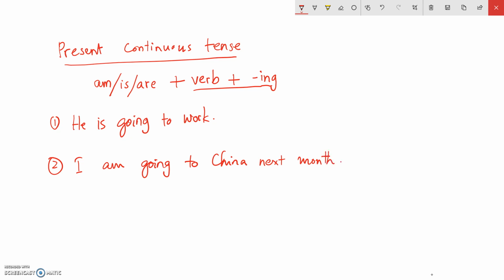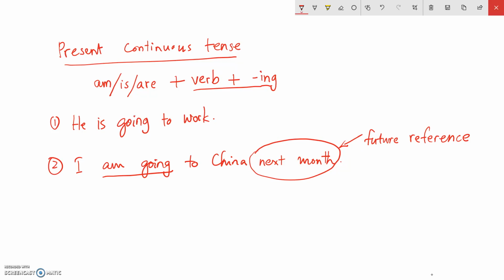I'm writing it in present continuous tense, but it is not happening now. I'm going, but when? Next month. So it is only happening next month. So this is a future reference. So I can use present continuous tense to talk about something that is going to happen in the future.